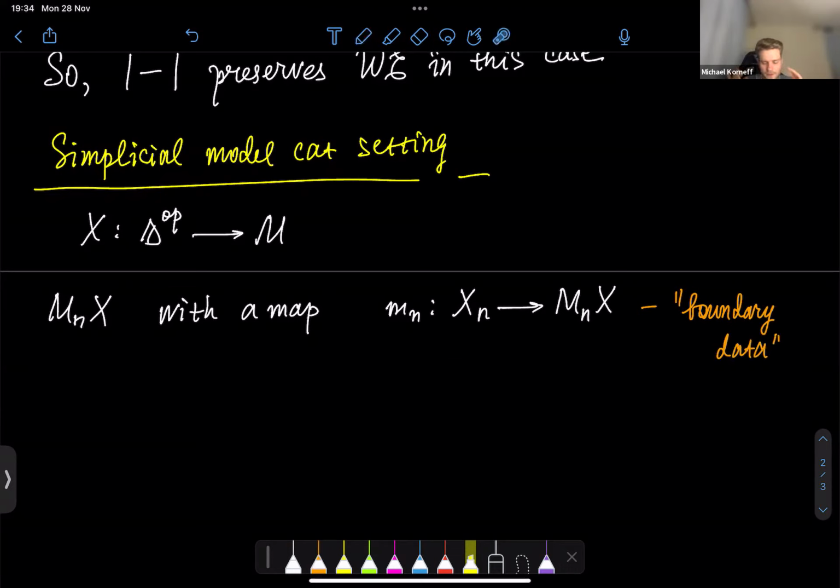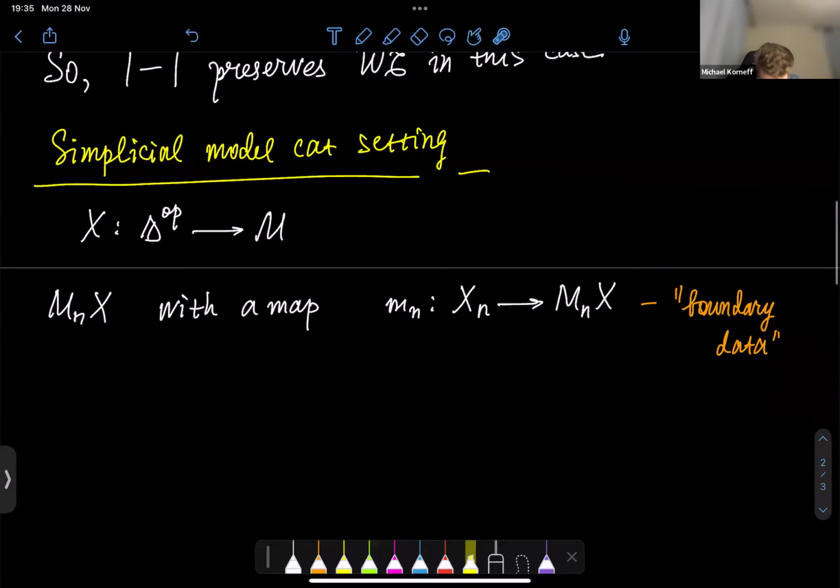You can imagine that you take boundaries of simplices and the union of such boundaries forms the latching object.